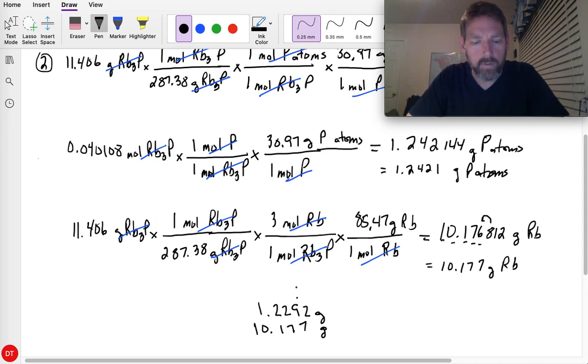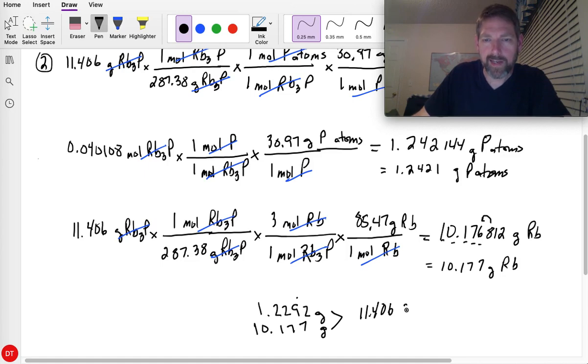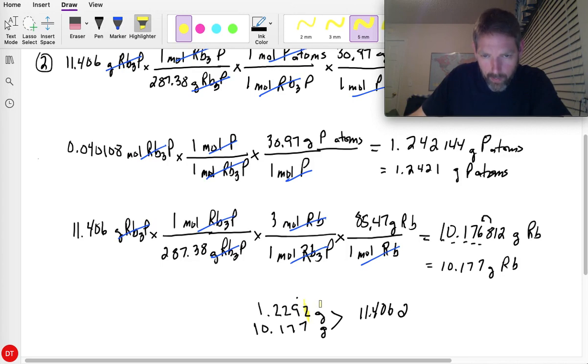If we add both of these together, we get 11.406 and then a 2. Well, where did that extra 2 come from? It came from that right there.